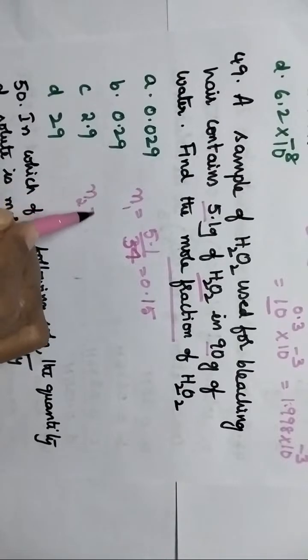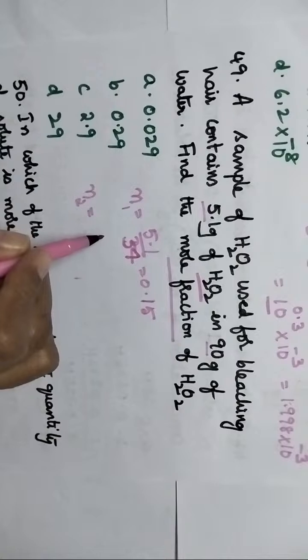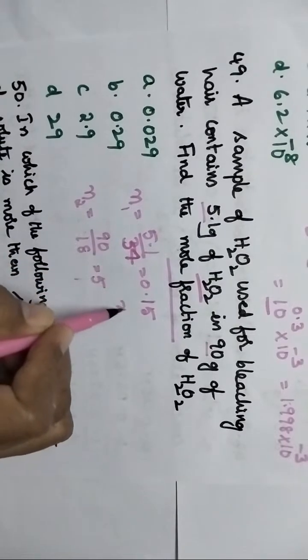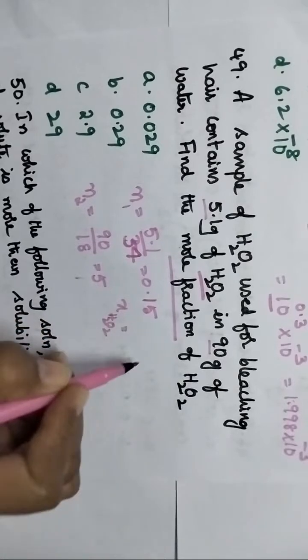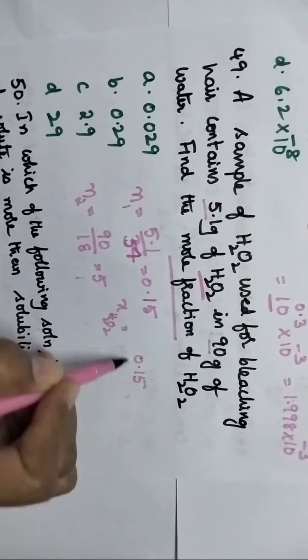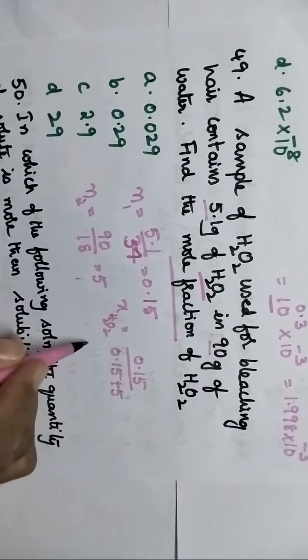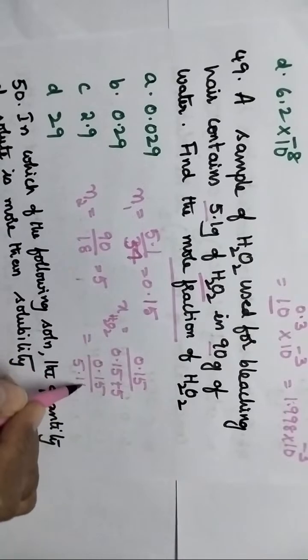And the number of moles of water equal to? Yes, 90 divided by 18, that is equal to 5. So what is the mole fraction of H2O2? 0.15 divided by 0.15 plus 5. So that is equal to 0.15 divided by 5.15.